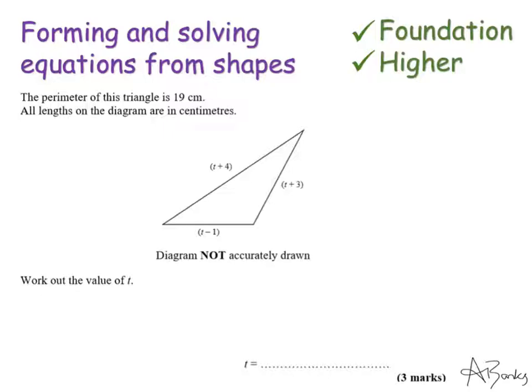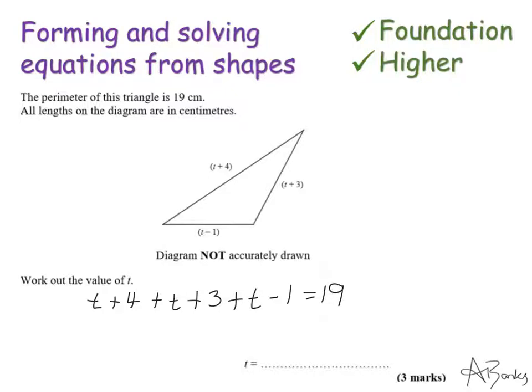So my first step is going to be to write it out fully. So t add 4, add t, add 3, add t, take away 1 equals 19. So that'll get me some marks already.